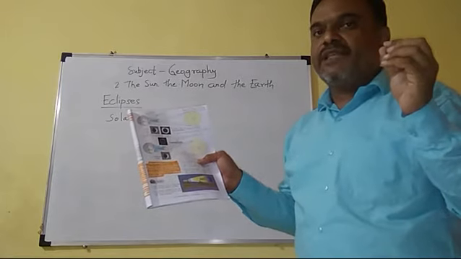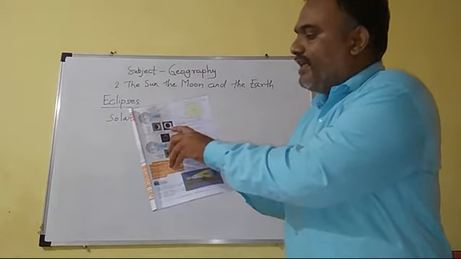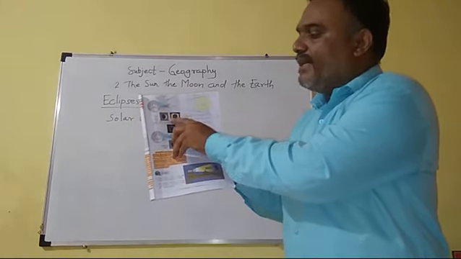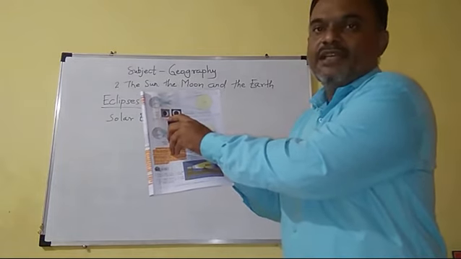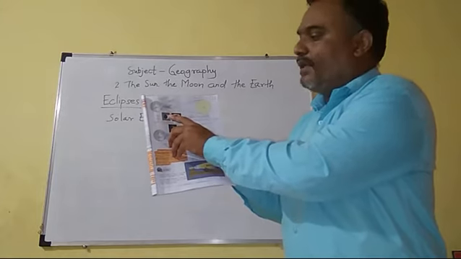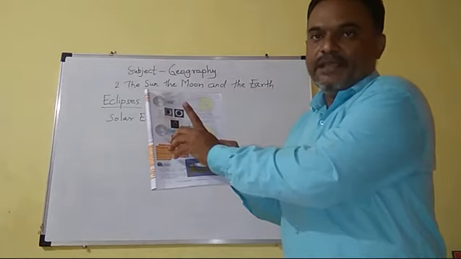Total solar eclipse can be seen from a very limited region. You can see in the figure here, total solar eclipse, the sun becomes completely invisible, and in the partial solar eclipse, the sun is partially visible. We can see that the sun is partially covered.